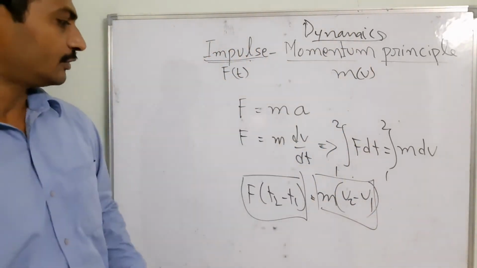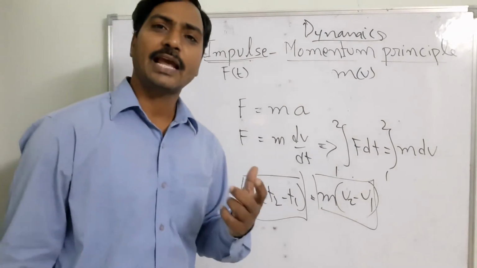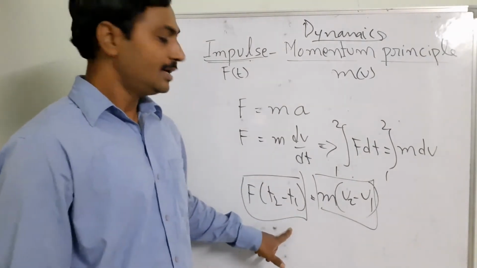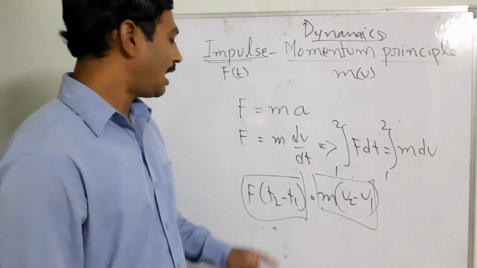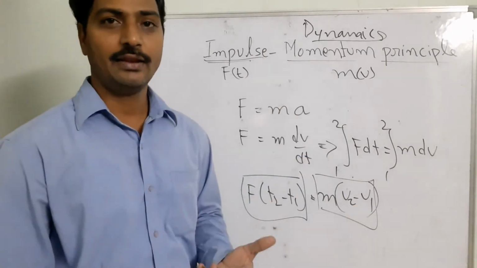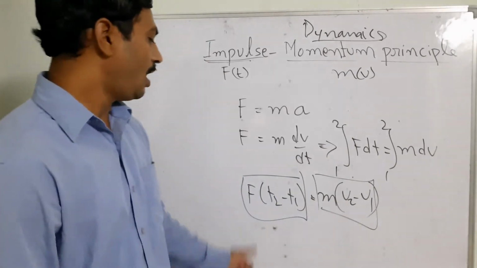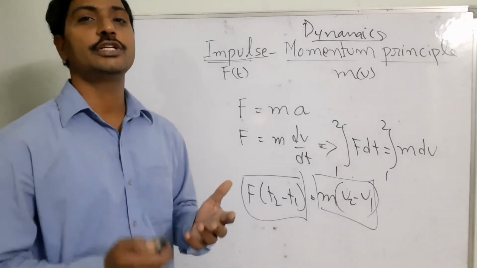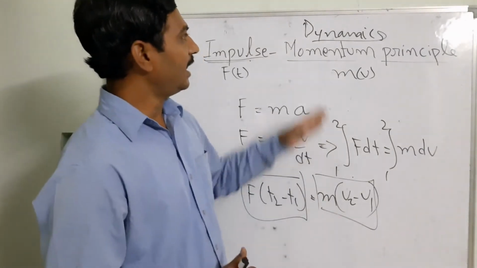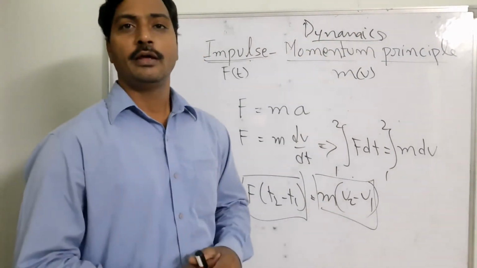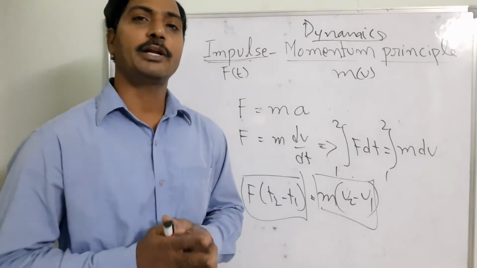Here we can see what exactly we are calculating. From this we can calculate the velocity of the object, or the time it has taken. If the other parameters are available, we can find out how much force is acting on that system. This way we use dynamics to find the different field parameters of the body.